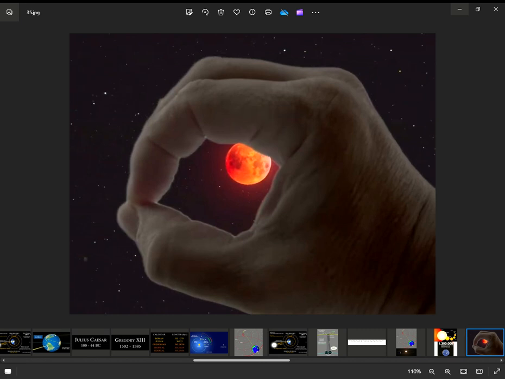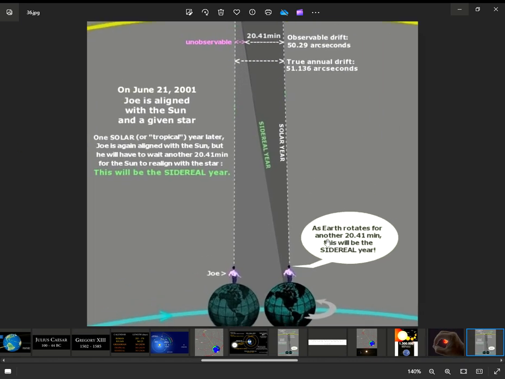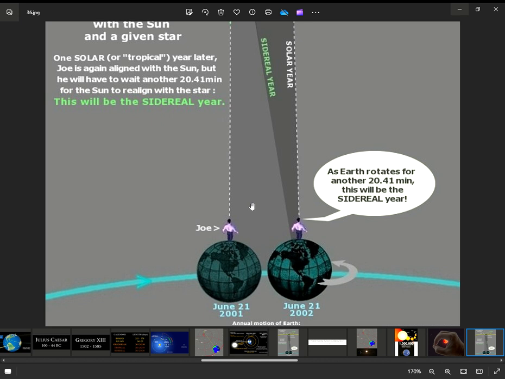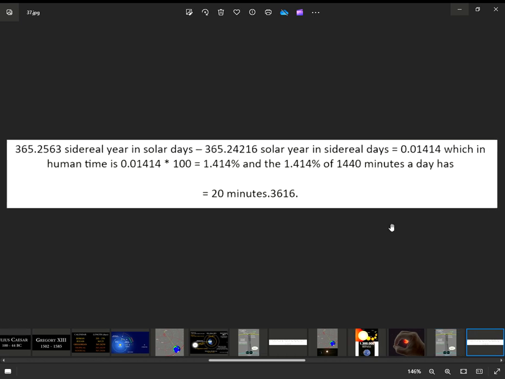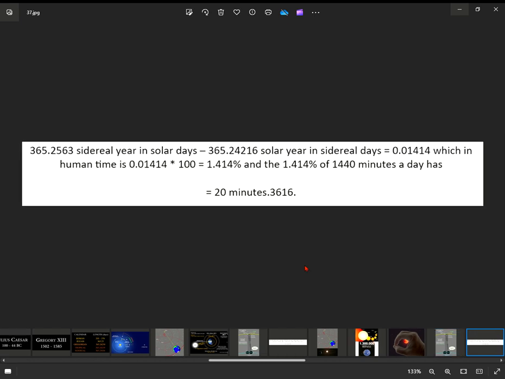Now, the difference between the solar year and the sidereal year in solar day terms is 20 minutes per year less, as earlier explained.